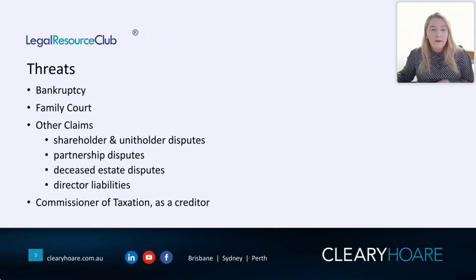All right, so some of the key threats that have people concerned about the protection of their assets. Of course, the main one is normally the threat of bankruptcy. So that's when a person is not able to meet their debts as and when they fall due. There's often a judgment made against them. They don't pay that judgment, and then someone makes an application for them to be made bankrupt, or you can also do that voluntarily.